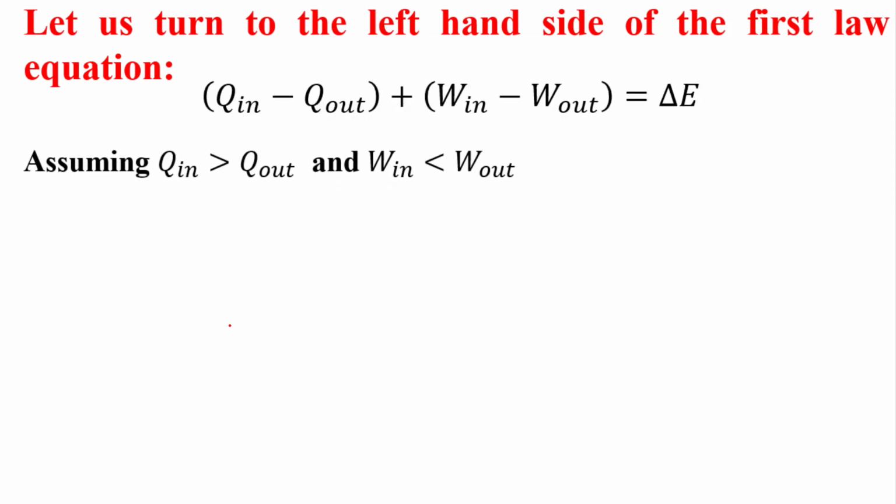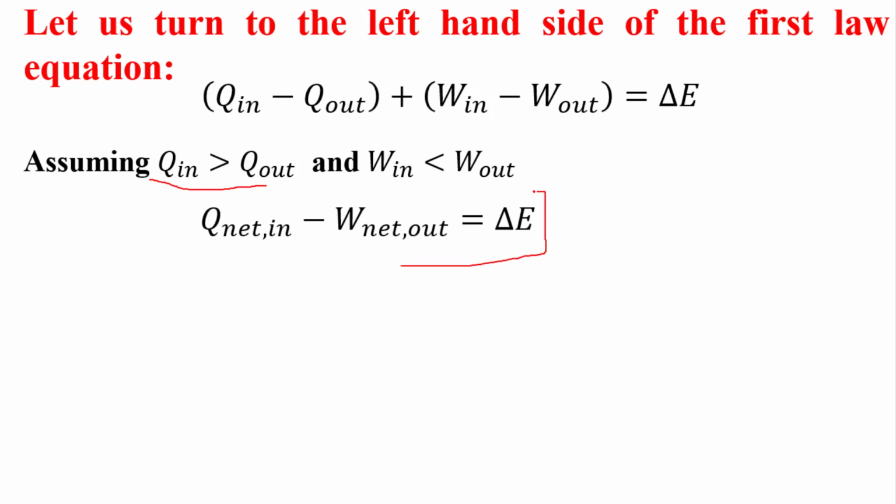Usually we assume Q in is much larger than Q out, and W in is larger or smaller than W out. Then we end up with this equation: Q net in minus W net equals delta E.